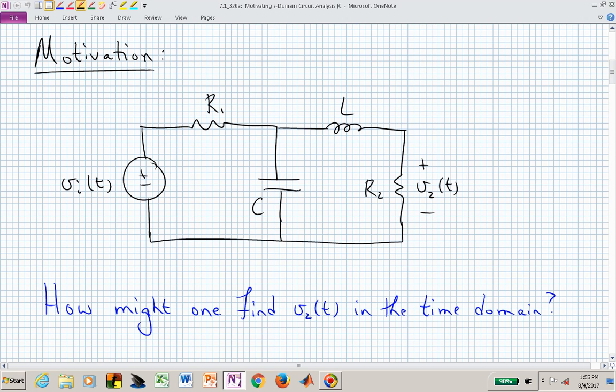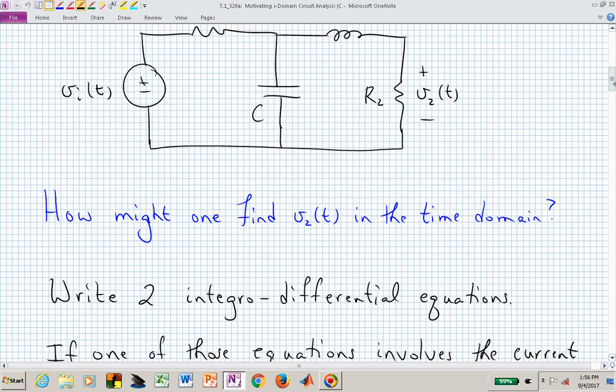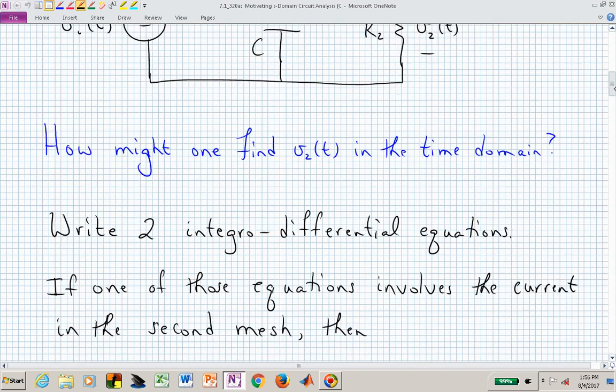Here's a motivation. Suppose that you're presented the following RLC circuit, and one might want to know, how do you find the voltage across resistor R sub 2 on the right-hand side? And how do you find that in the time domain? One way is to write two integral differential equations.